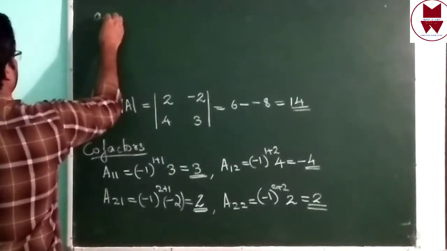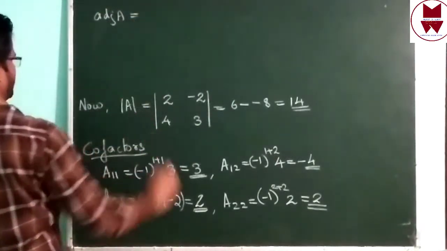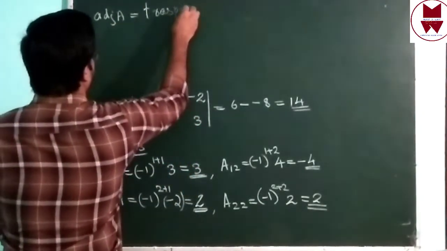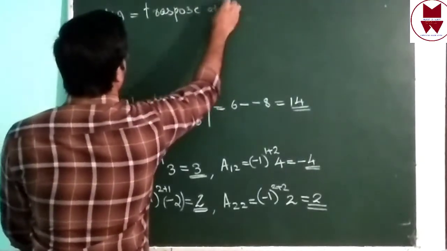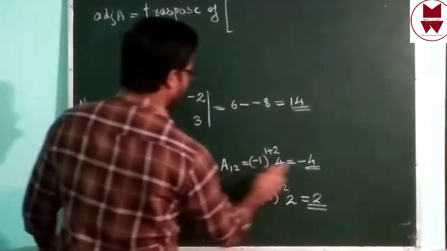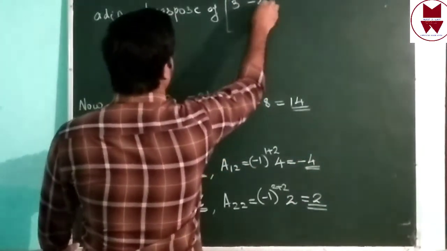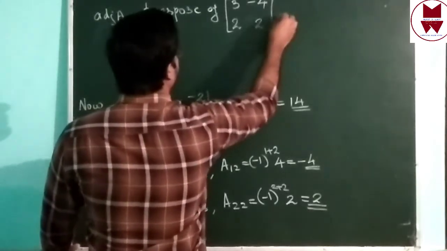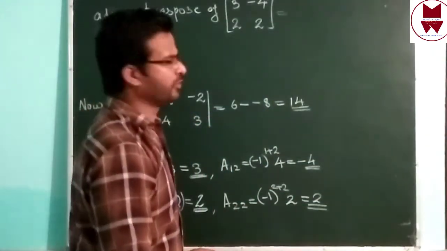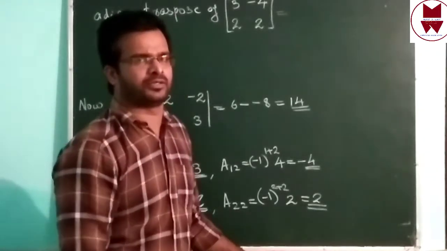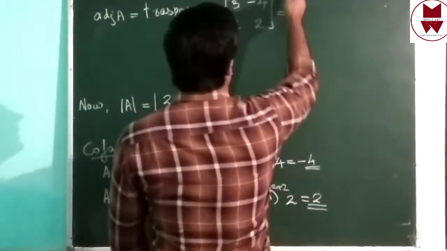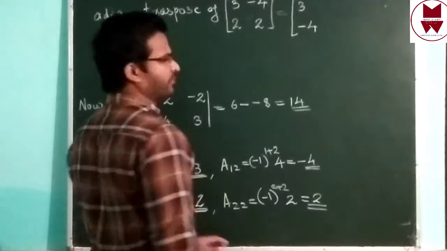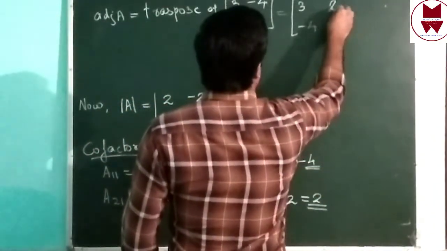Now adjoint of A. Adjoint of A means the transpose of the cofactor matrix. That means 3, minus 4, 2, 2. When you take the transpose of any matrix, interchange the rows and columns. The first row becomes the first column, 3, minus 4, and the second row becomes the second column, 2, 2.